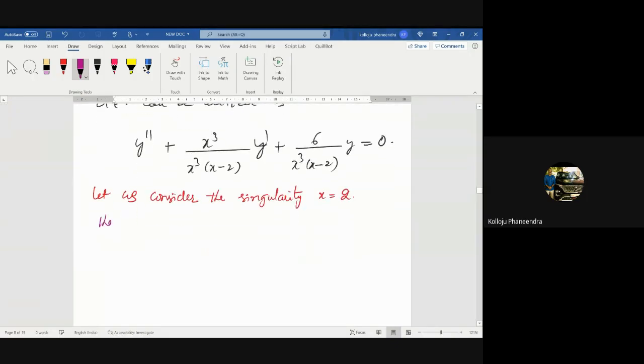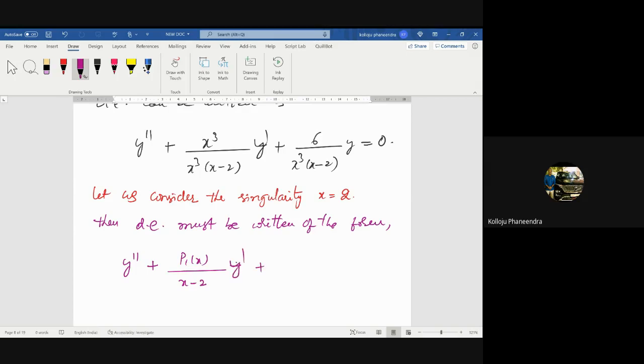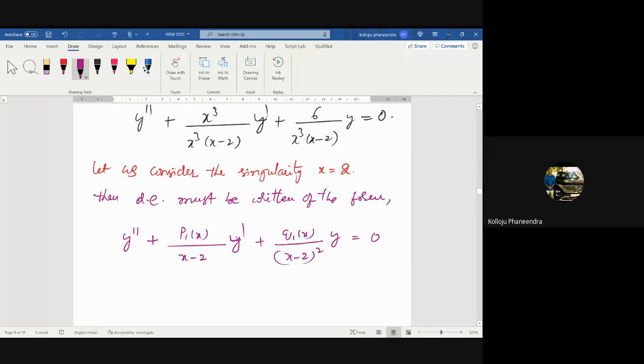The differential equation must be written in the form: y double dash plus P1(x) by (x minus 2) y dash plus Q1(x) by (x minus 2) whole square y equal to 0. So let me consider it in that form.